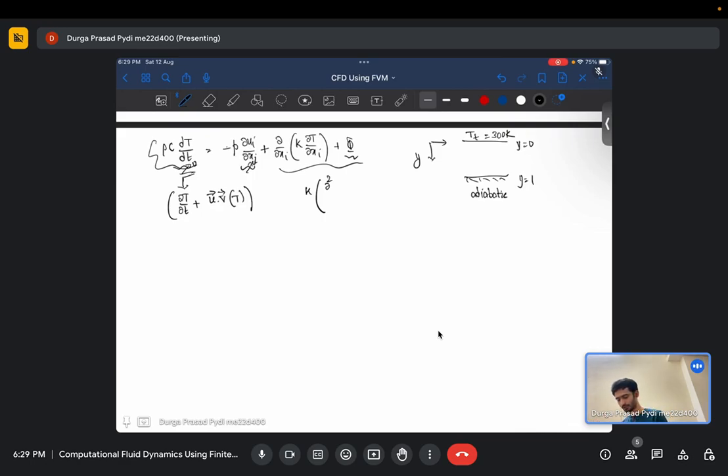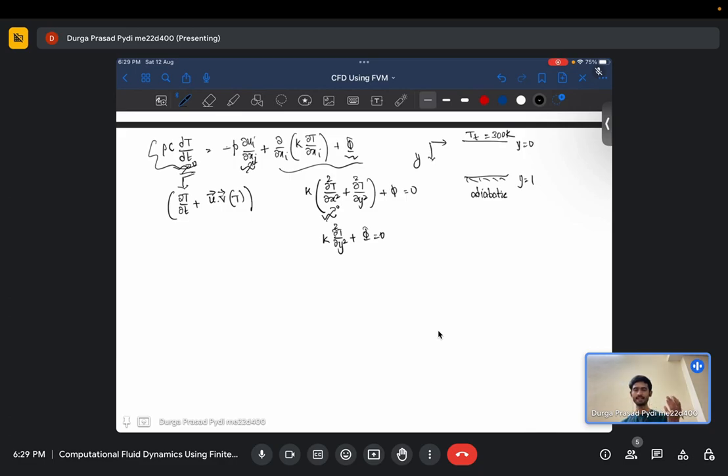So what I mean to say is, if you expand this, along the x direction it is very small compared to the gradients along the y direction. If that is the case, we'll be dealing with k times d square T/dy square plus phi equal to 0.